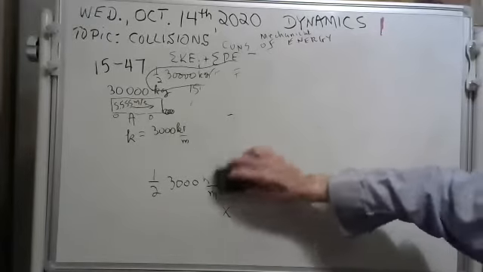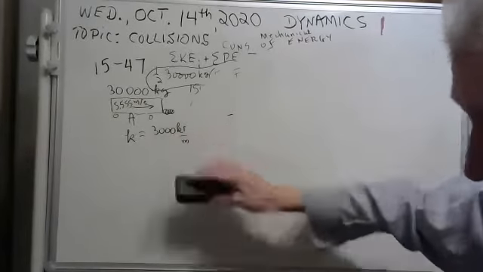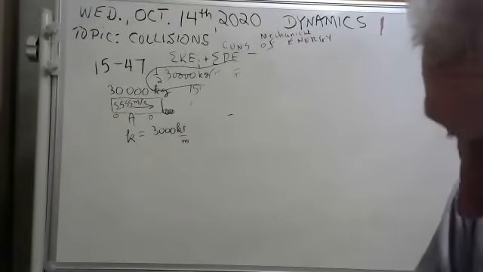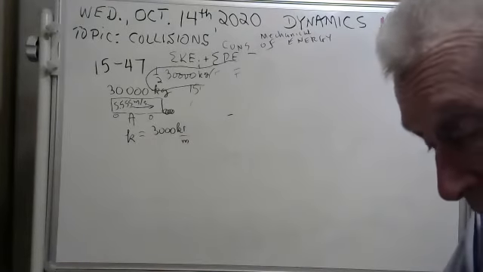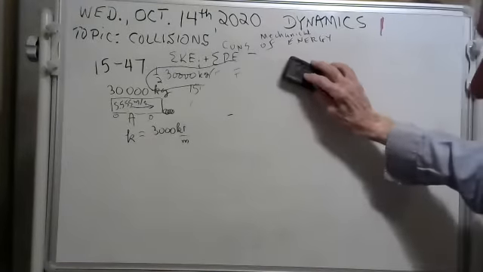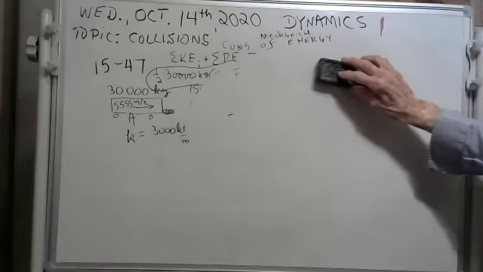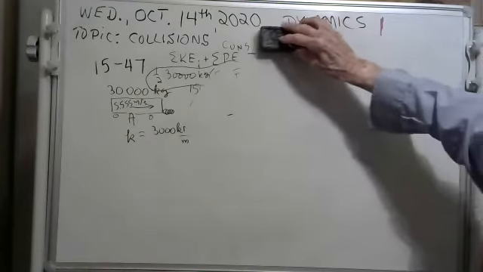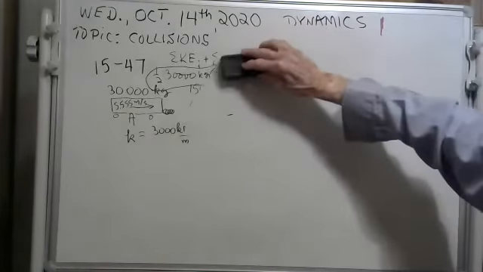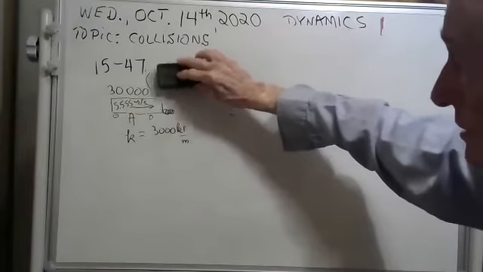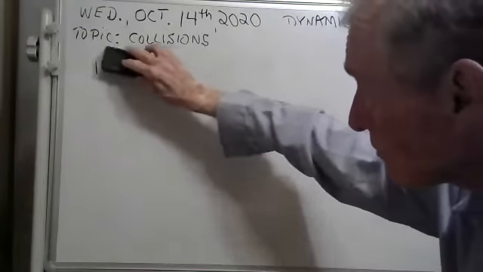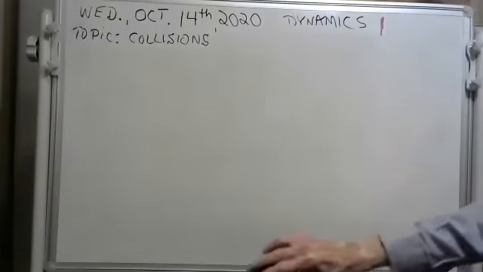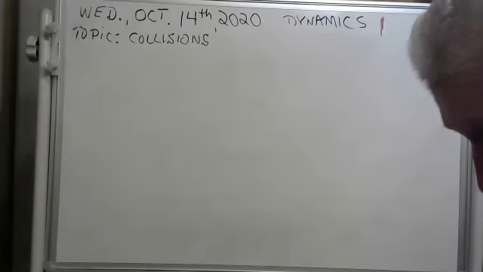The way it works is the impulse of deformation is bigger than the impulse of restitution. But see, they're equal. The restitution and the deformation impulses are equal if you have a perfect collision.